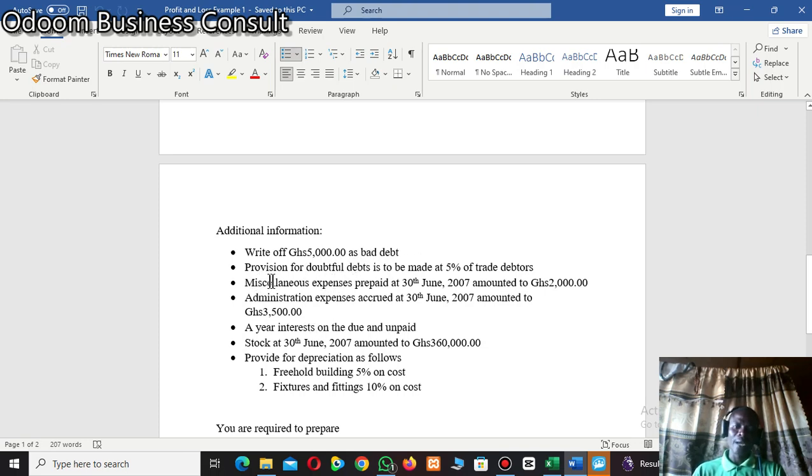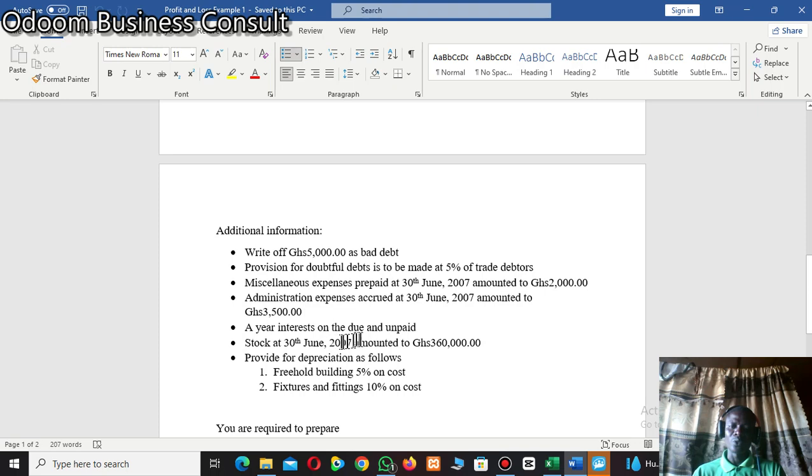We have to provide for doubtful debt, which is 5% of trade debtors. Miscellaneous expenses prepaid at 30th June 2007 amounted to 2,000 Ghana cedis. Administration expenses accrued at 30th June 2007 is also 4,500 cedis.